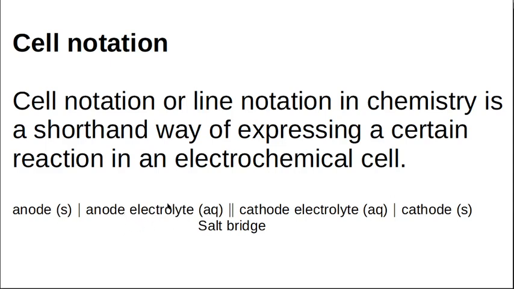And then on the other side, can you see it's like a mirror? There's an electrolyte close to the salt bridge on each side. So the anode electrolyte on the left, the cathode electrolyte on the right, and then after a solid line, the name of the cathode.